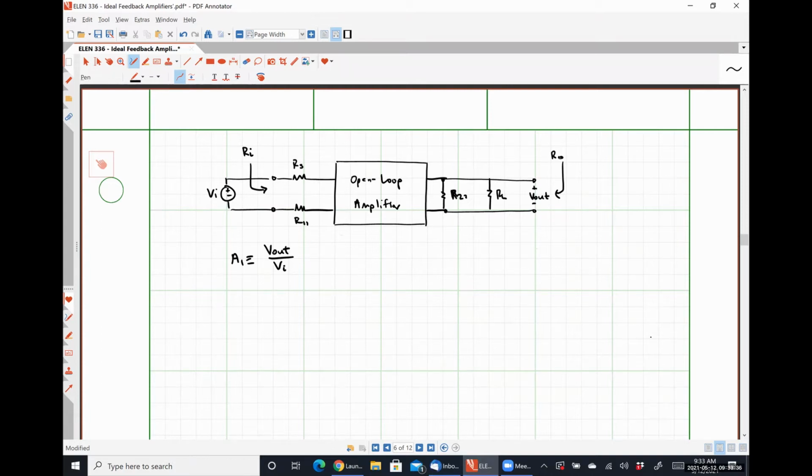So we now have a means by which to calculate K, our feedback factor, and A1, our open loop gain. So we have everything that we need to put into an equation to simply solve for our gain with feedback AF.